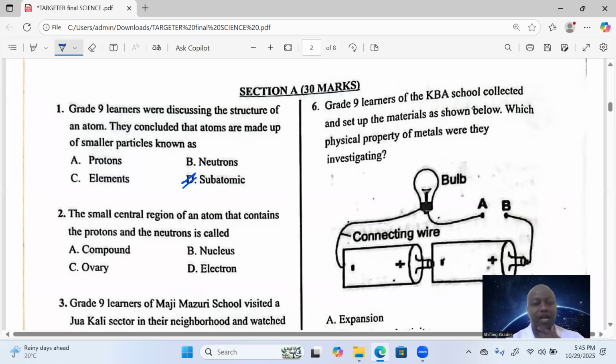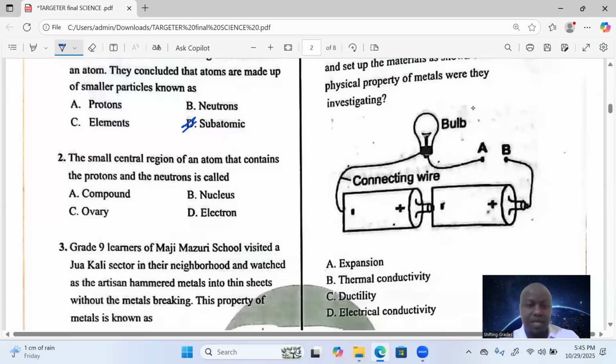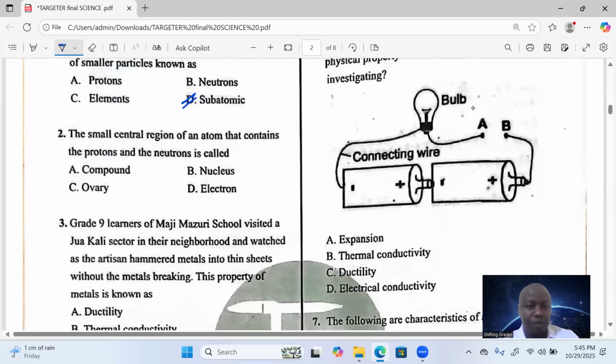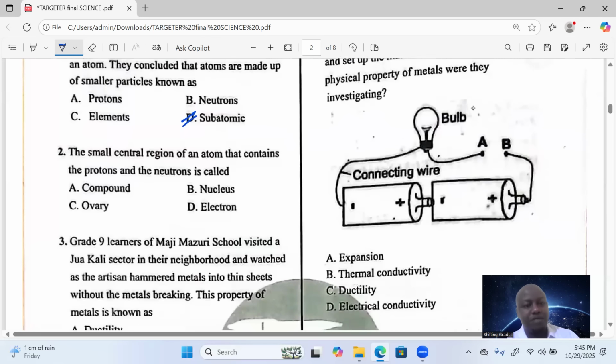You're also supposed to know that these subatomic particles are protons, neutrons, and electrons. So there are 3 of them, 3 subatomic particles. They make up the atom.